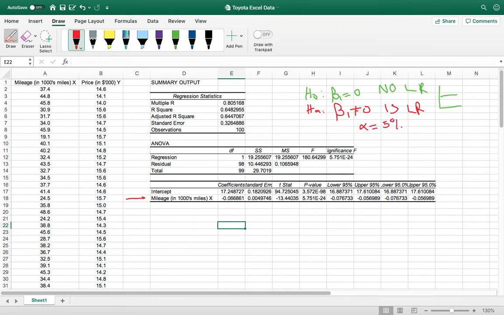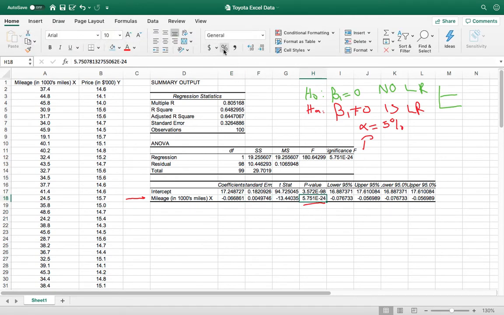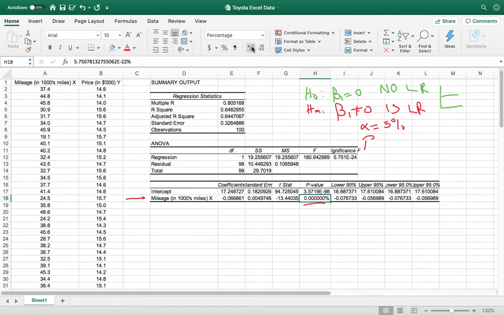and take a p-value. The p-value is actually given to us, and, well, that's a very small number. If you're not sure that that's a small number, just go onto that number and press the percentage key, and that's going to be 0. You see that? And if you want more decimal places, well, it's 0 for quite a long way.